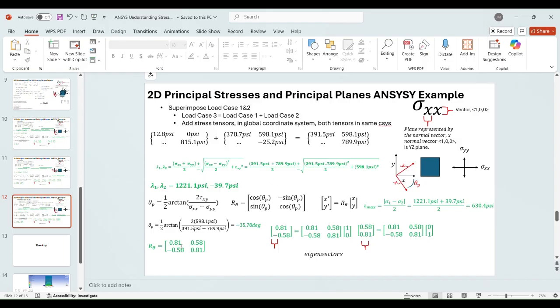And now I've also calculated the angle that you'd have to rotate the original coordinate system into to align with the principal stresses.